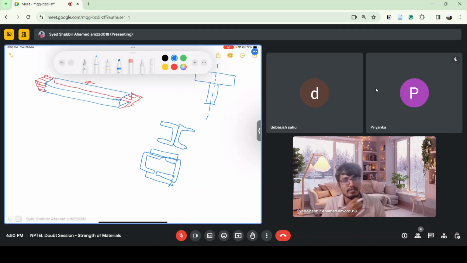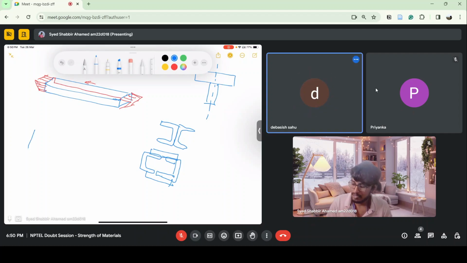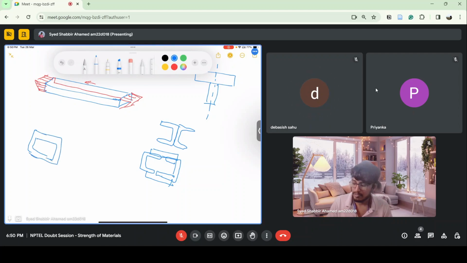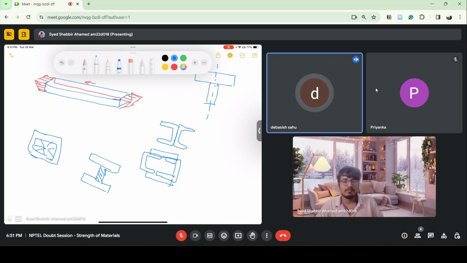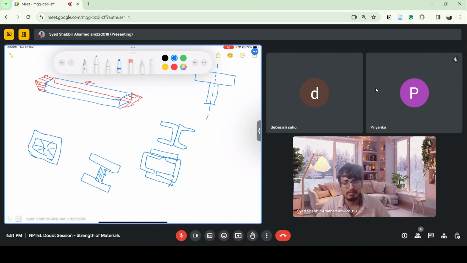It has more moment of inertia, because you can see that the material is more away from the centroid here. For the I section, there is still material near it. Box sections are more effective, so maybe that's why. I am not from mechanical engineering, but I am assuming that.